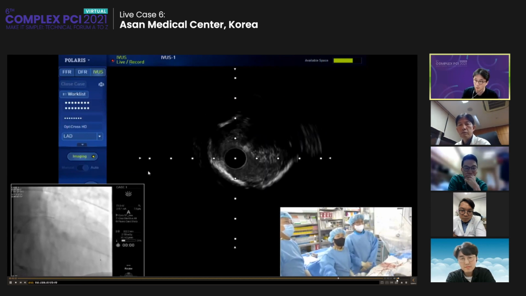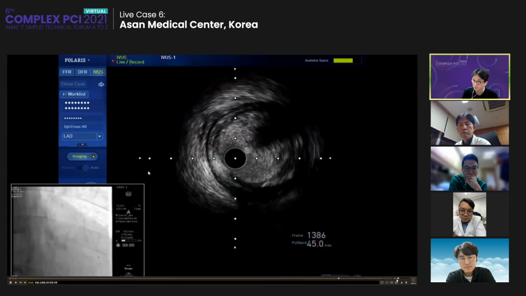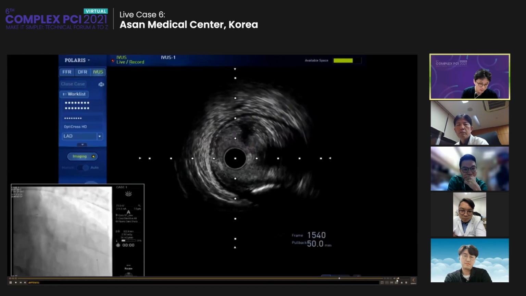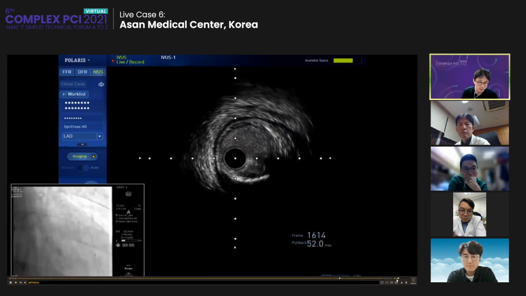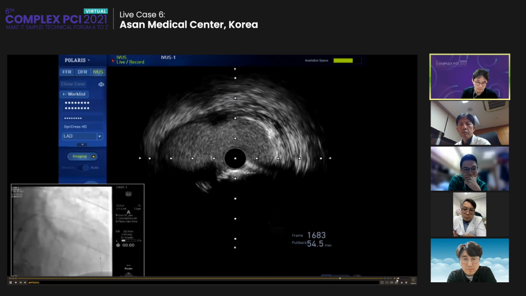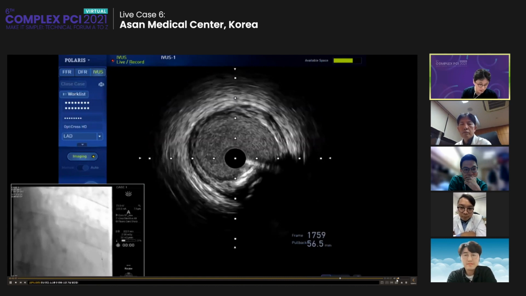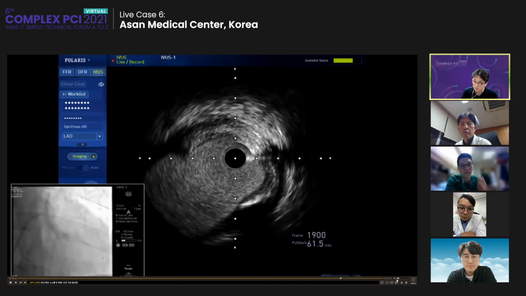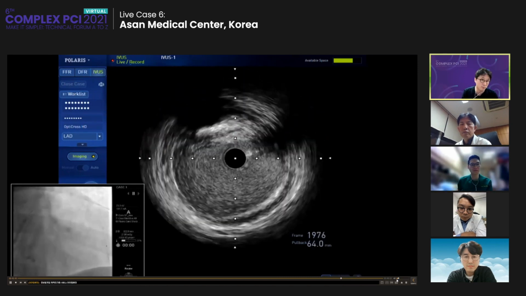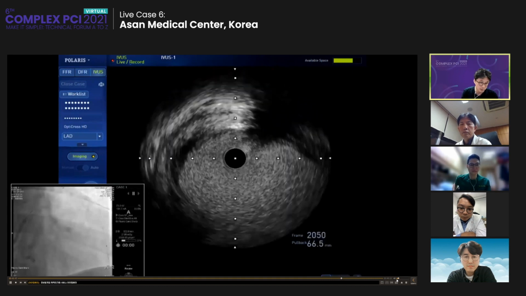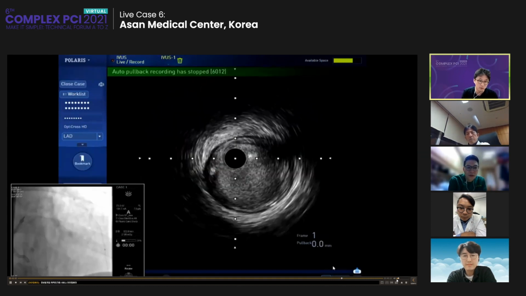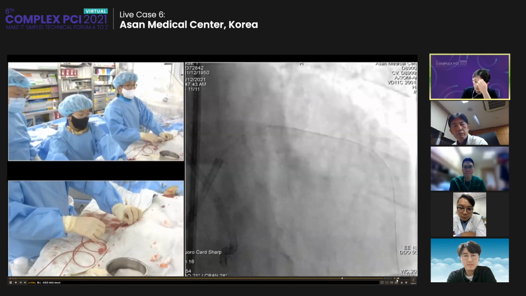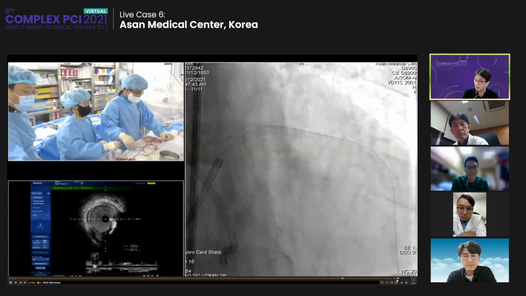We have recently worked on this subject in the field of CTO PCI, and we found that the minimum stent area after CTO stenting is important. The distal landing zone is quite a good question; there may be a limited distal landing zone, with a side branch here, and calcium. The vessel size is more than 4.0, and the small lumen area was related to the composite endpoint of cardiac death, MI, and target vessel revascularization. The proximal stent should be at the ostial dilator, quite similar to the non-CTO papers, so the stop should be a little bit shorter.